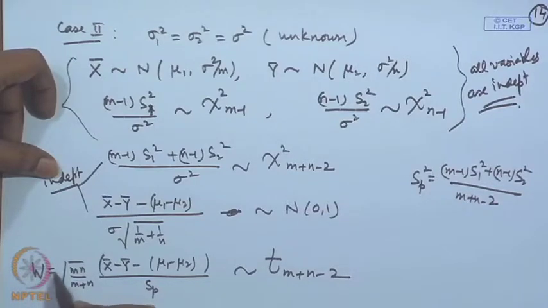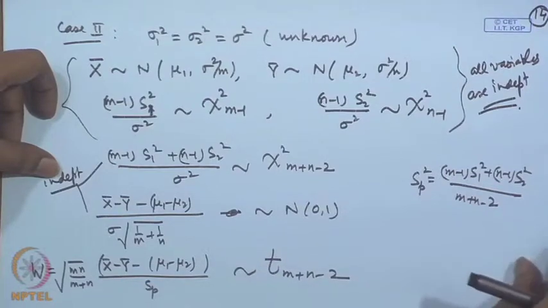So, this can be used as a pivot W, because this involves the random variable which is of interest to us, because we wanted the confidence interval for mu1 minus mu2. Random variable is involved here and the distribution is free from the parameters. So, this can be used as a pivot quantity.